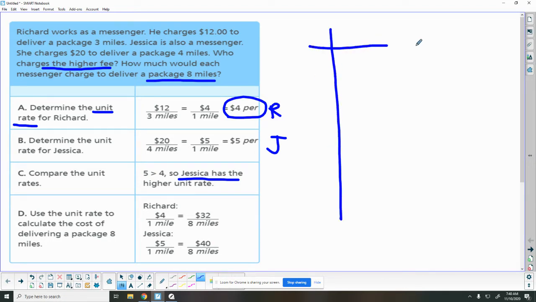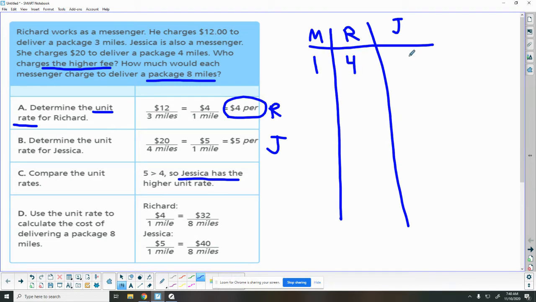So I could say, here's my miles, here's Richard, and here's Jessica. After 1 mile, Richard got $4, Jessica got 5. After 2 miles, Richard had $8, Jessica had 10. So you can see she's already up $2 now.